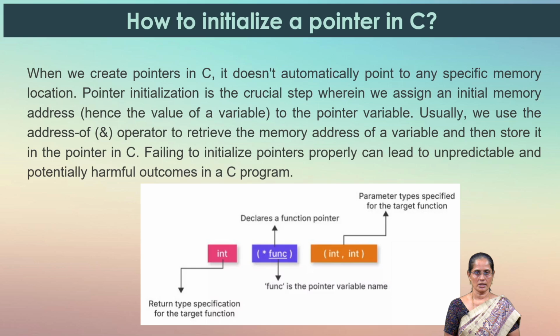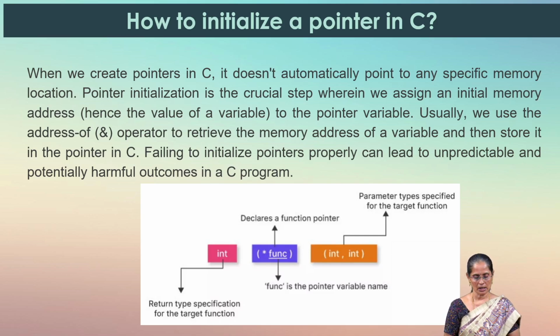How to initialize a pointer in C? When we create pointers in C, it does not automatically point to any specific memory location. We are supposed to explicitly assign an address to the pointer variable. Without the ampersand operator, we will not be able to store the address in a pointer type variable, and failing that will fail the initialization of pointers.